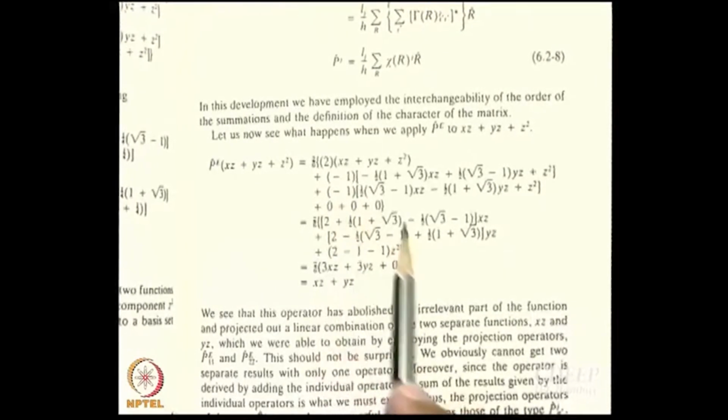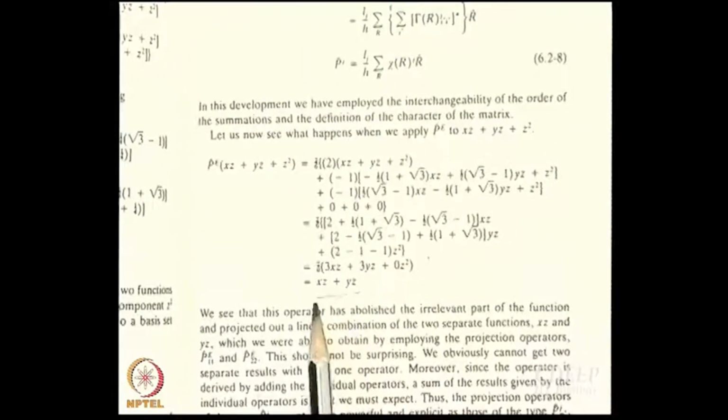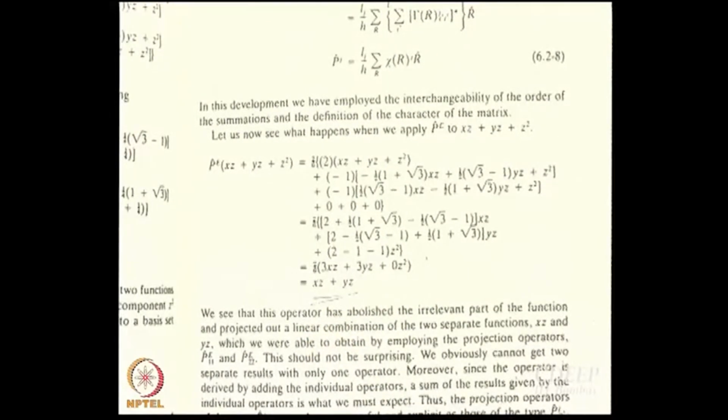See, they have worked it out here. What is the advantage? Well, we will come to the advantage. Once you work this out, finally this is what you get, xz plus yz. All the terms in z square cancel off.